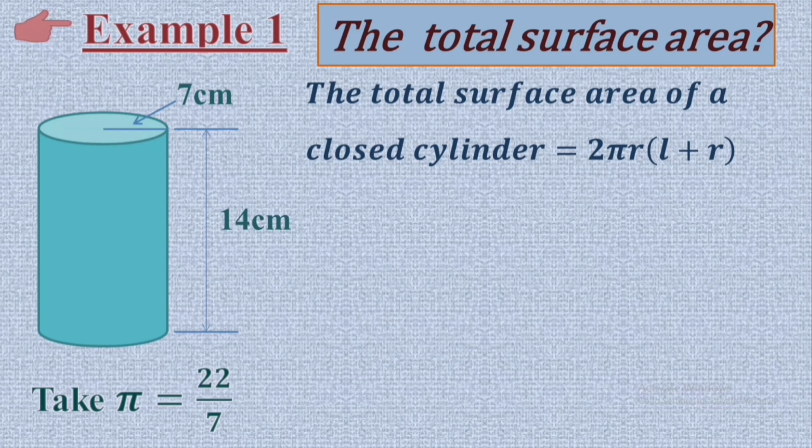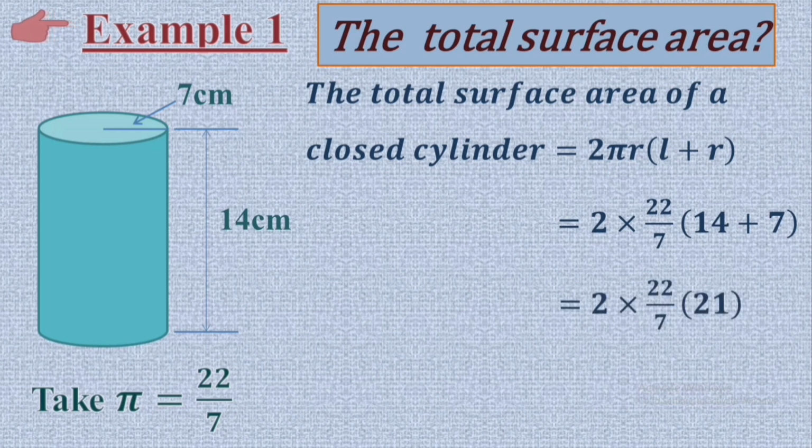Substituting the given values, you would have 2 times 22 over 7 times (14 plus 7). 14 plus 7 is equal to 21. Therefore, you have 2 times 22 over 7 times 21. 7 can go into 21 to give 3. Hence, you'd have 2 times 22 times 3, which is equal to 132. Thus, the total surface area of the cylinder is 132 cm squared.